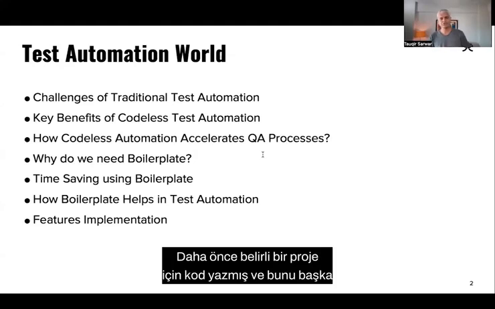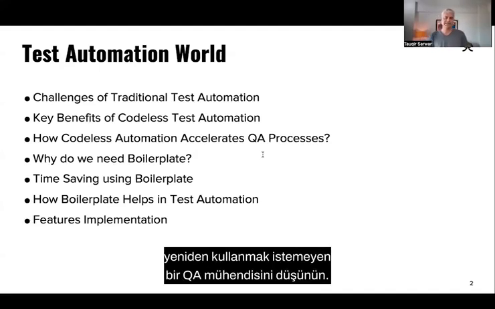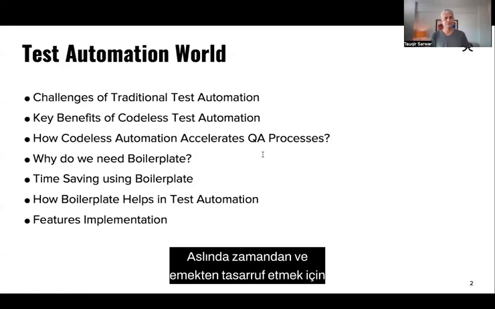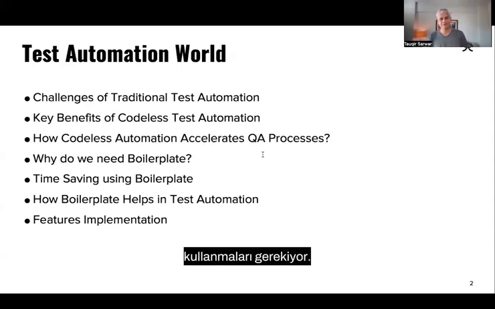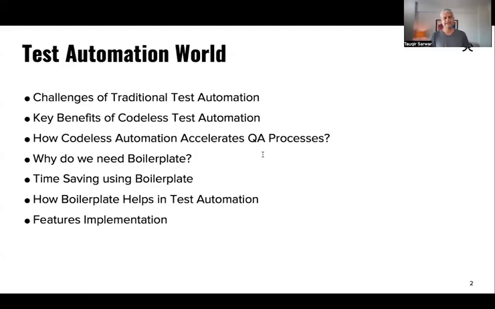Imagine a QA engineer who previously wrote some code for a particular project and now wants to reuse it for testing another application or project. They would have to find the particular code and then use it in the next project to save time and effort. This is where the boilerplate comes into play.